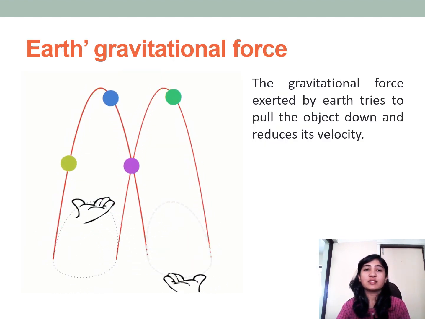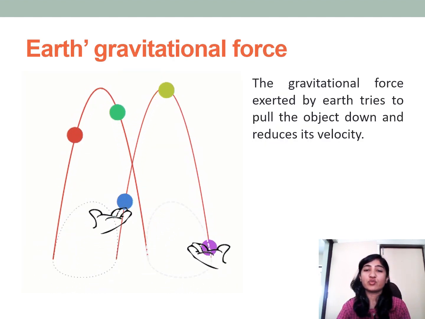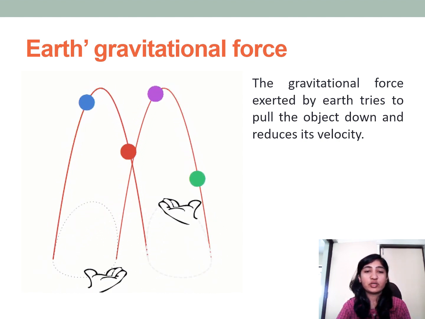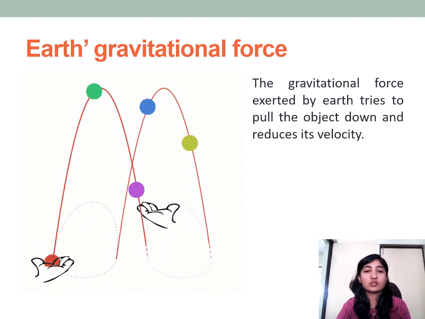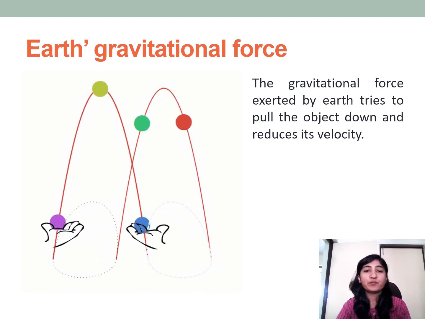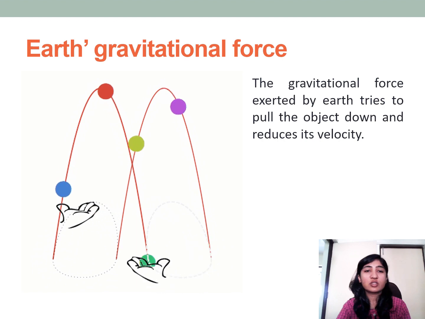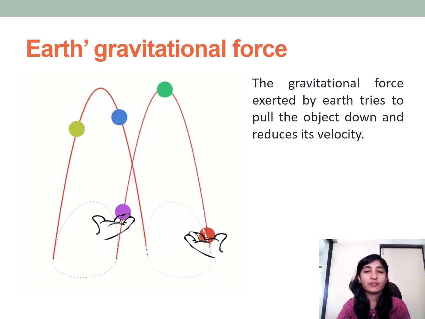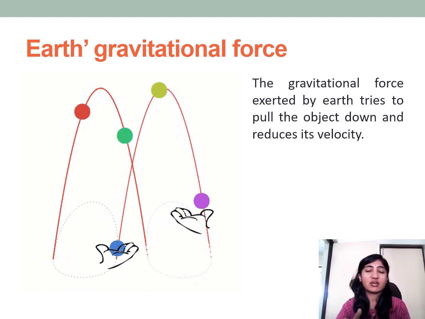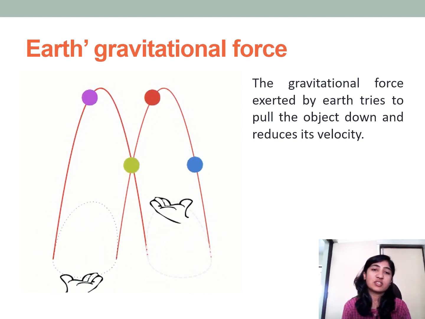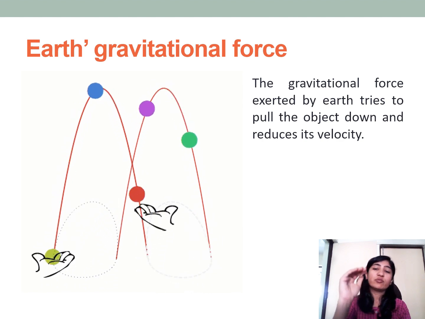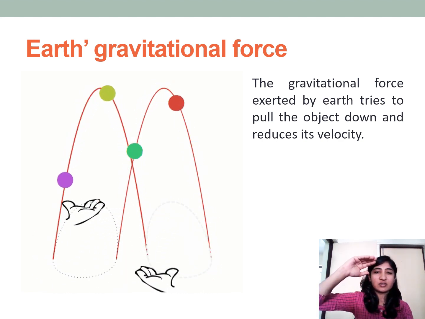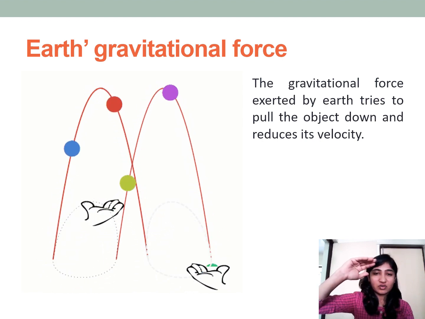Now the next point is Earth's gravitational force. You can see this animation, simple. You can see the different balls, so concentrate on any ball, say the red ball. If the red ball is thrown upwards, you can see initially the balls have some velocity and they go upward, and the velocity is decreasing, you can see it, right?